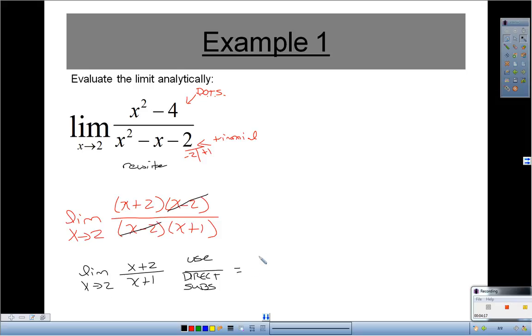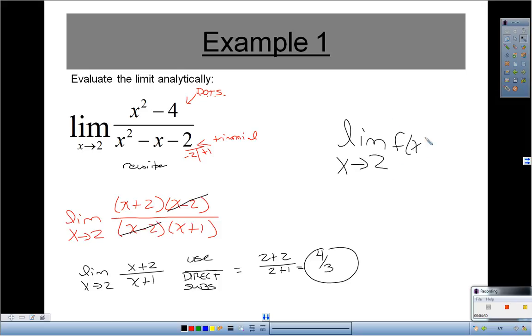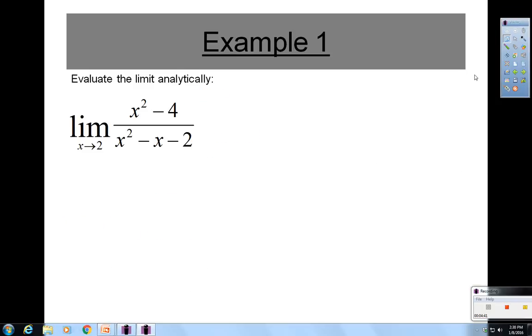If I plug in 2 now, I'm going to have 2 plus 2 over 2 plus 1, and that gives me 4/3. So the limit as x approaches 2 of f of x is equal to 4/3. So we can use direct substitution, but only after we've done a little bit of algebra to get there.